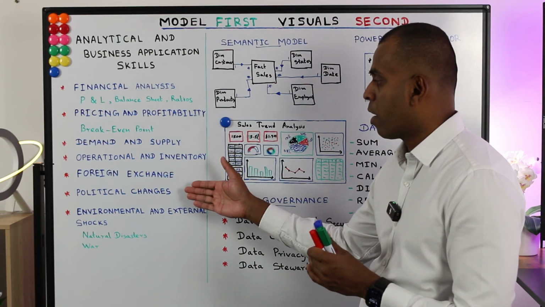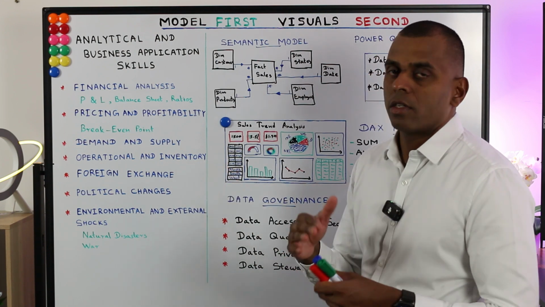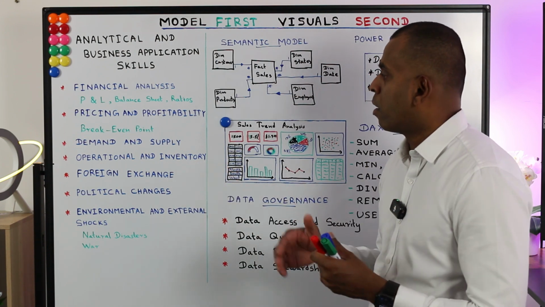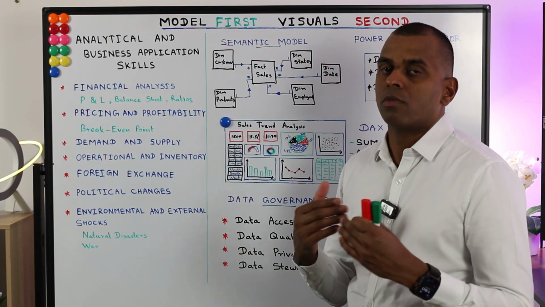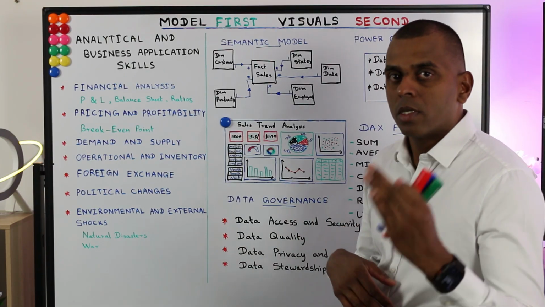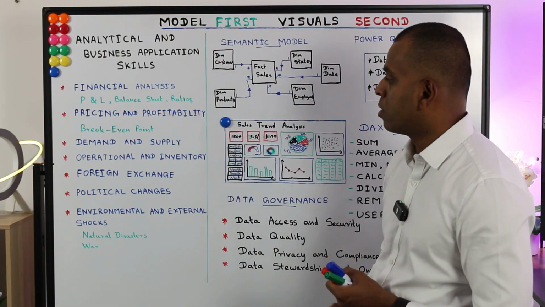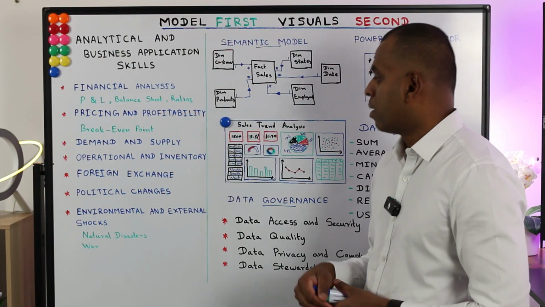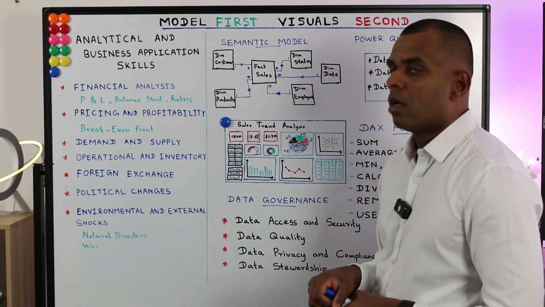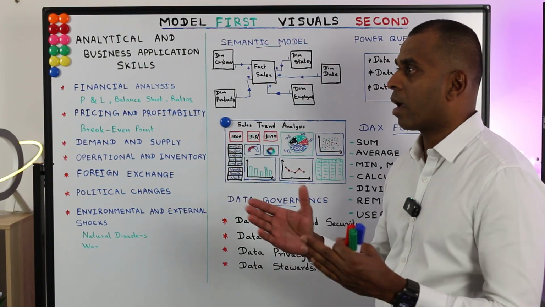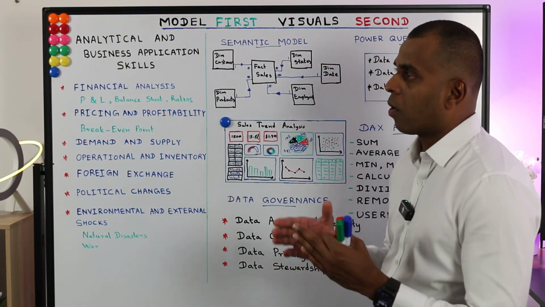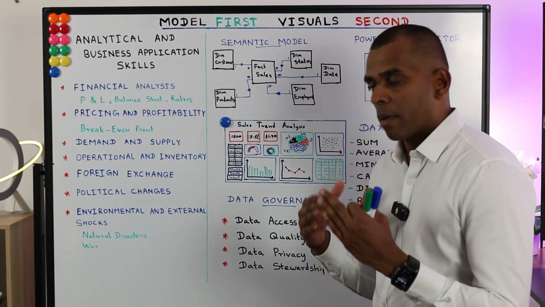This is a very important factor you need to consider to become a skillful business intelligence analyst. And environmental and external shocks are also very important areas that affect businesses and KPIs.